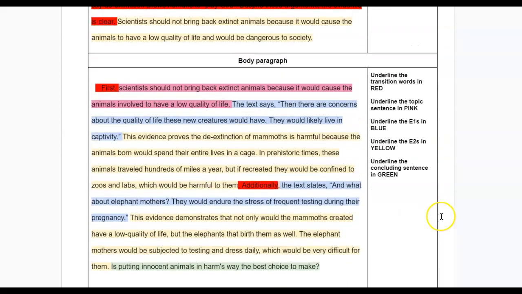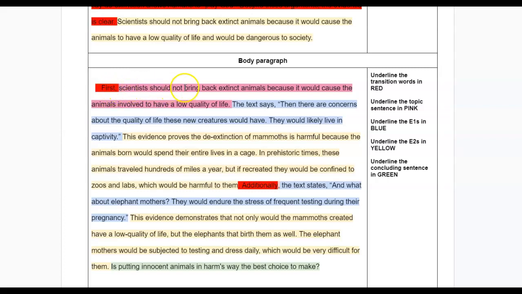After the introduction paragraph, you're going to write your body paragraphs, and remember your body paragraphs are based off of what you wrote in your thesis statement. Body paragraphs are always going to start with a transition. Since this is the first body paragraph, I used the transition word first, and then I actually took the rest of this sentence straight from my thesis statement.